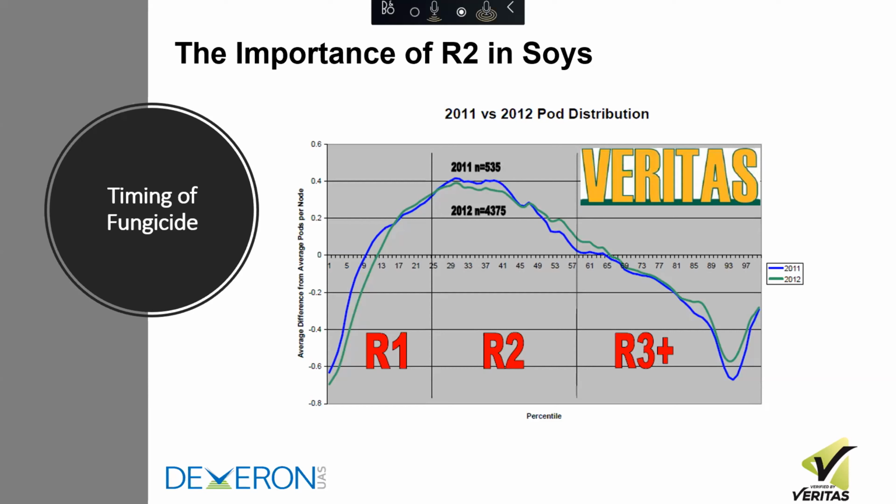The other thing that we did then was I literally counted the number of pods at every node. And I figured out, okay, what is the average number of pods per node? And then we graphed out, okay, if that's the number of average pods per node, is there more or less at any one node? You can see in 2011, we did this on 535 plants.